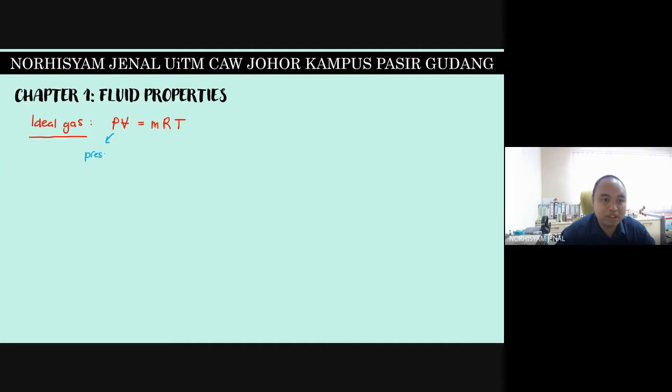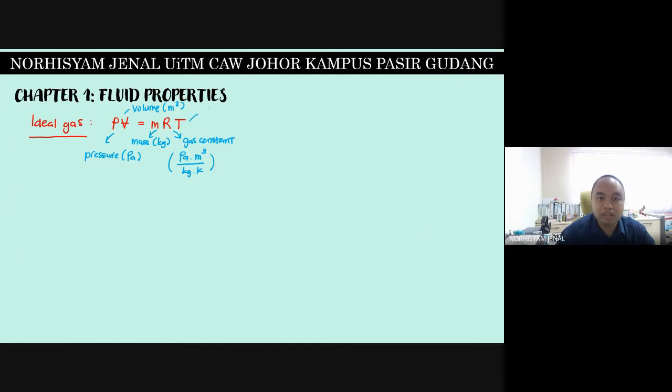P is pressure. Pressure should be in Pascal. V is volume. Volume should be in meter cube. m is mass. Mass should be in kg. R is gas constant. Gas constant should be in terms of Pa m cube divided by kg K, right?